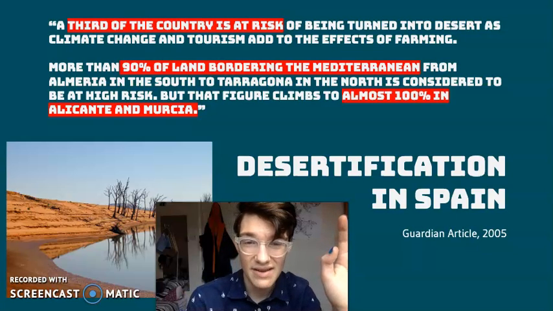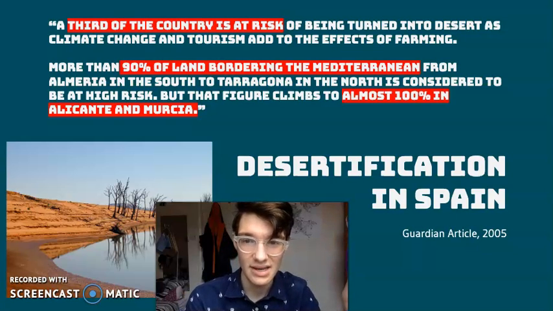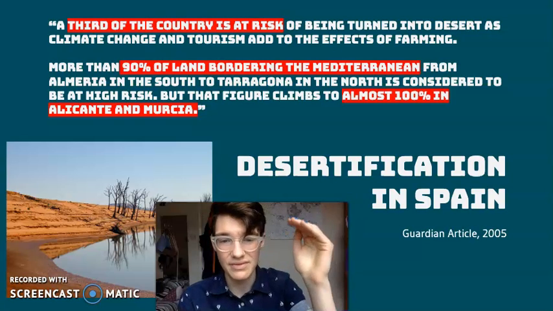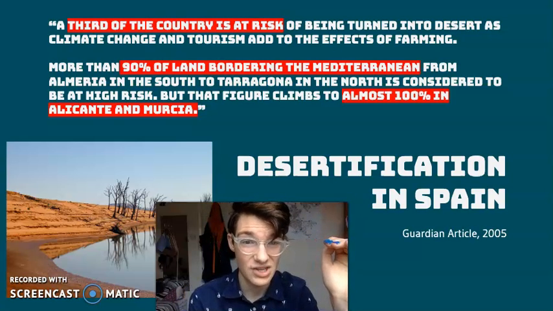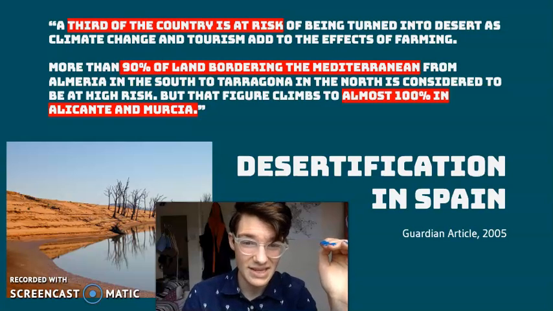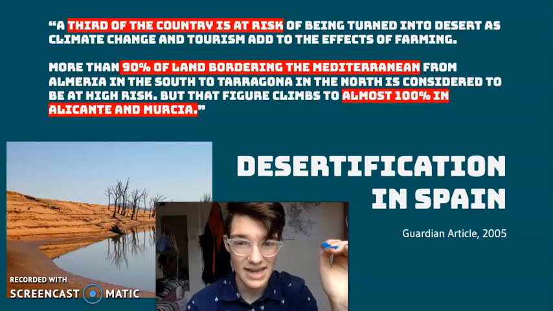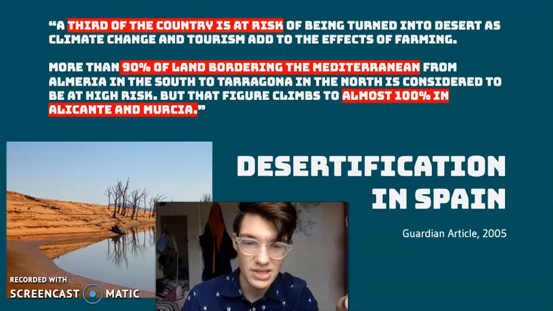More than 90% of land bordering the Mediterranean, from kind of south of Catalonia, is considered to be at high risk of desertification, and it's almost 100% of that coastal land in Alicante and Murcia where some of the largest tourist operations currently are.